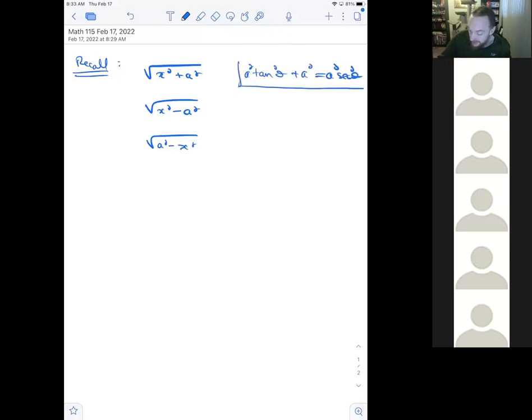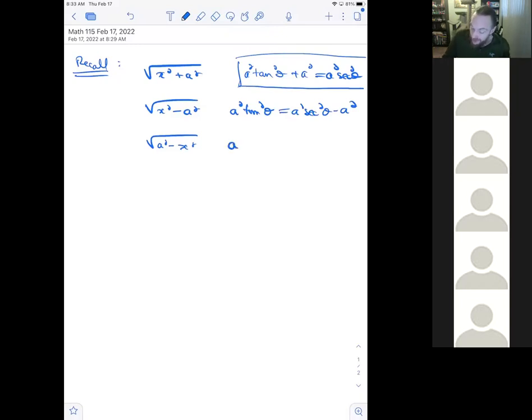And it's a little harder with the a in there. It's easier with the 1 formula at first because then the a is not in there, but that's what you're trying to see. For the other one, we know that a squared tan squared theta, if I move it to the other side, is exactly equal to a squared secant squared theta minus a squared. When you pull the a out, the square roots will go away.